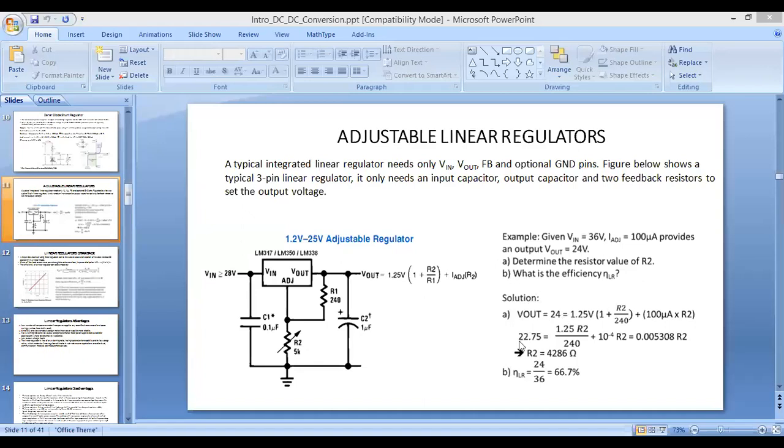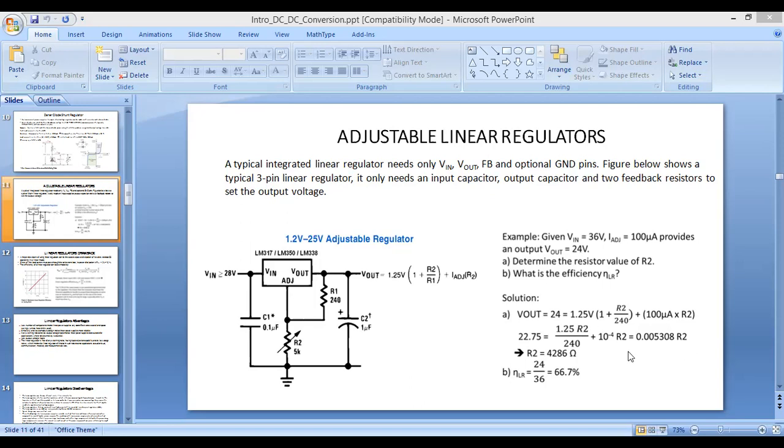When we put all these values except R2, because R2 is variable, for the output voltage, for R1, for IADJ, you will get the value for R2. So we get the value for R2 by using the adjustable linear regulator. ADJ is nothing but what we use for adjusting purpose.